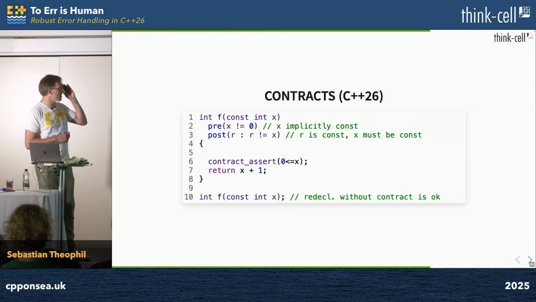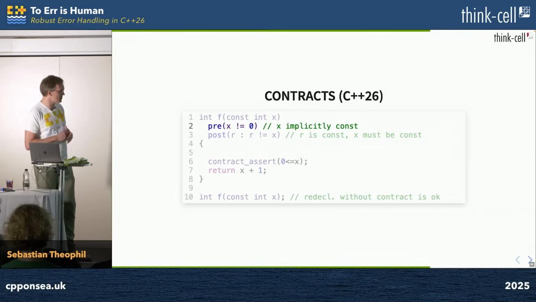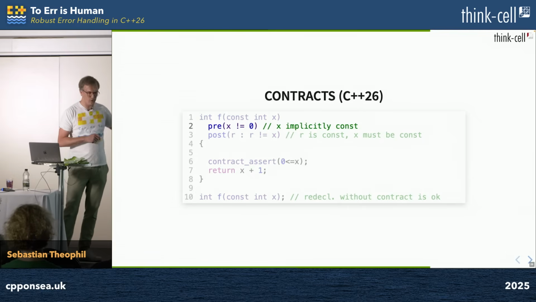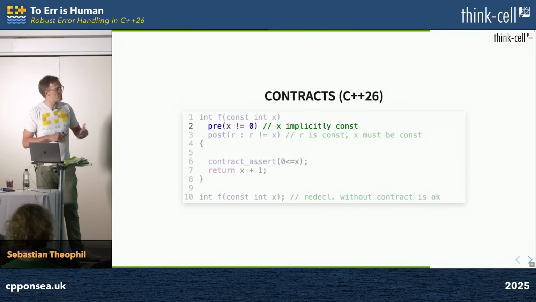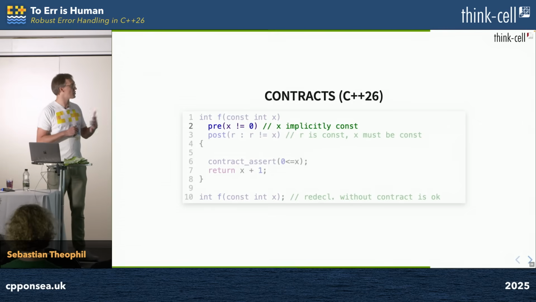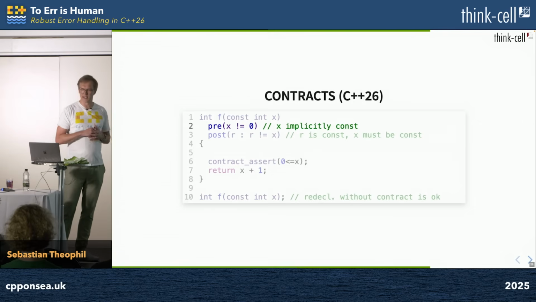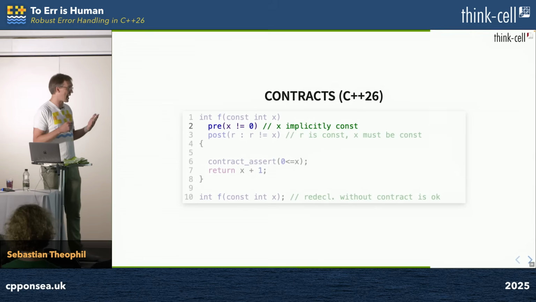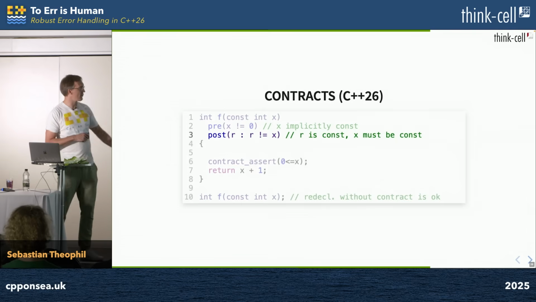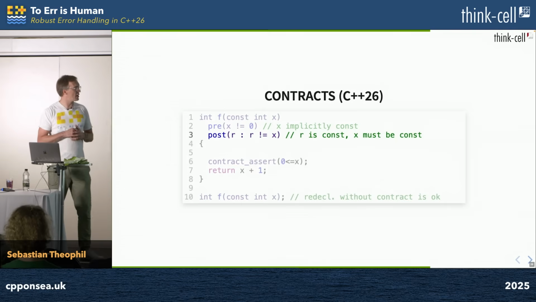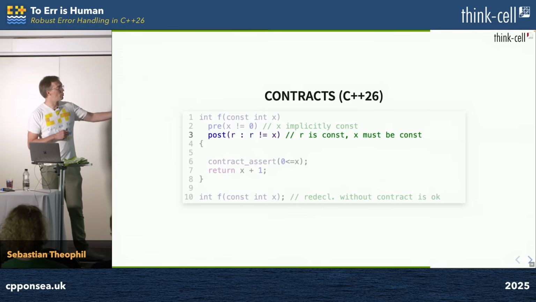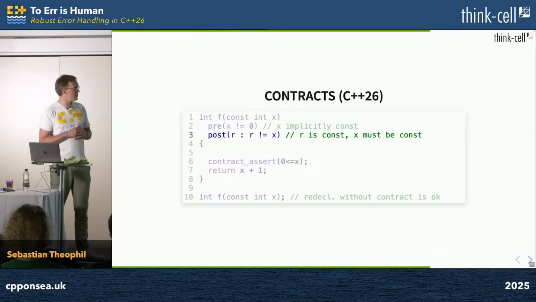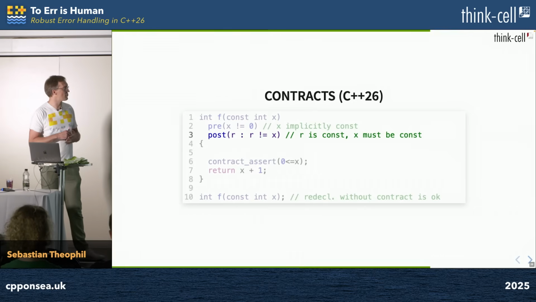So this is how they look in a very simple example. We have preconditions. Preconditions, of course, can access not only member variables, but also your function arguments. Those function arguments would be captured implicitly as constants, so you don't accidentally change them. Post conditions can have this variable declaration here in the beginning, r in my case, and r would be bound to the return value of the function, so you can check what the return value is in relation to the input arguments, for example.